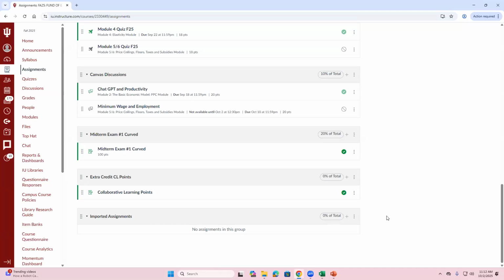I'll post what location that is on Canvas once I get back to my office after class. Okay. I just wanted to mention that so you're aware of that and can look for exactly what room that is. And I think there's multiple rooms in Ballantine, so even if you went there, no one's there. There should be one right down the hall. But I did have them reach out to me late last night that they are not going to be able to make it. Okay. Other than that, any questions for me before we dive into material? I'll try to give you guys as much time as possible because I know we had a lot of stuff to cover today.